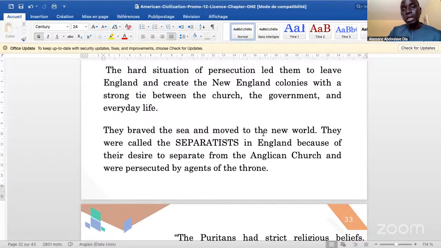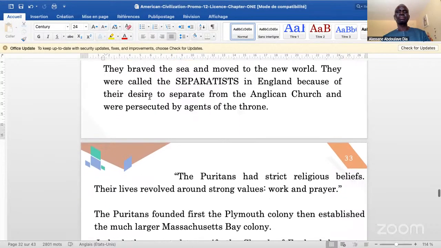So the New England colonies are the colonies established by the Pilgrims, the Puritans, with a strong tie between church, government, and everyday life. So you will see later on, when I talk about the categories of colonies, the New England colonies were typically religious, because when these people left, there was a problem with religion. When they came, they were in contact with God and in government.